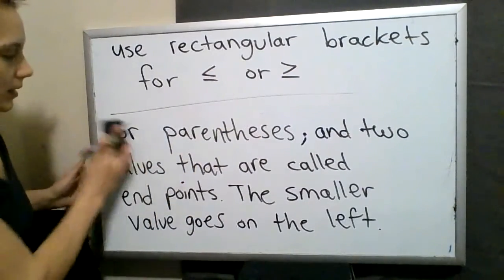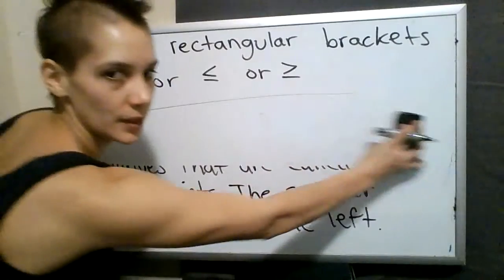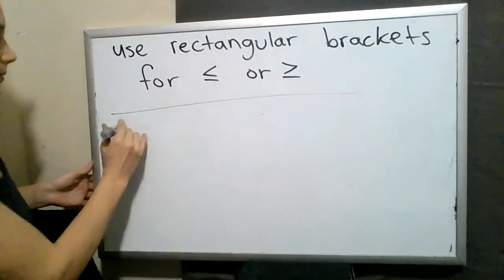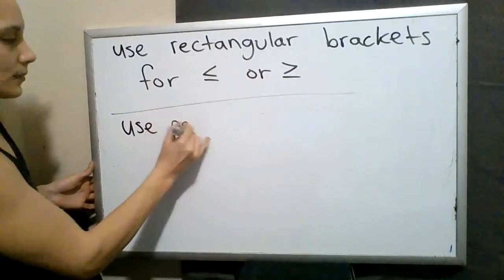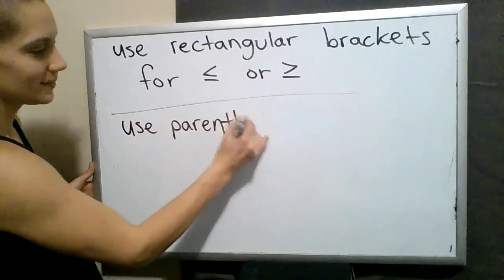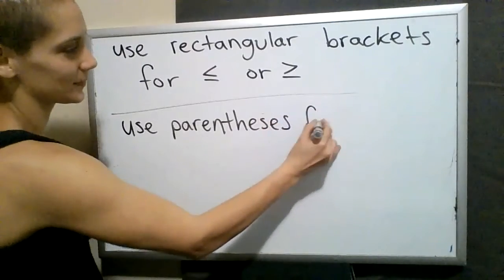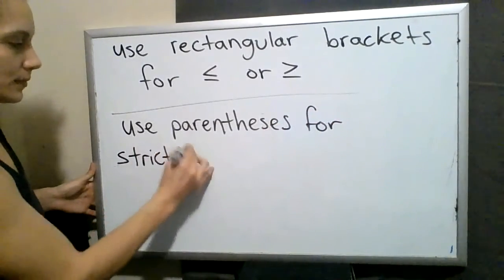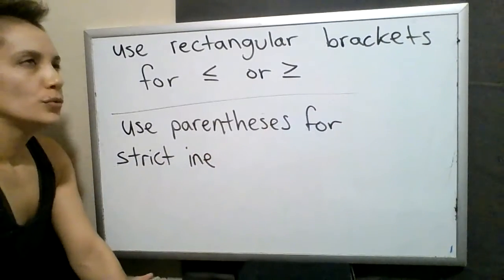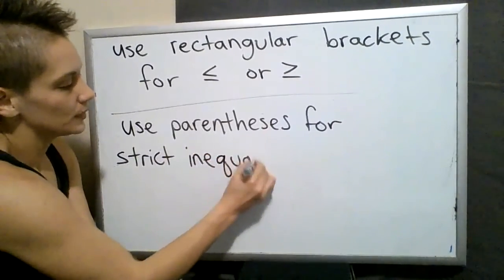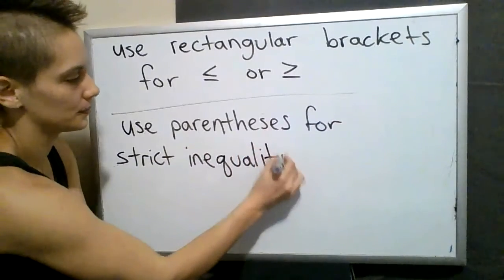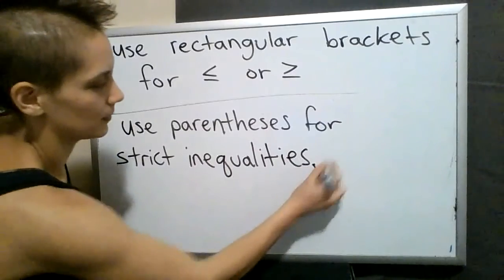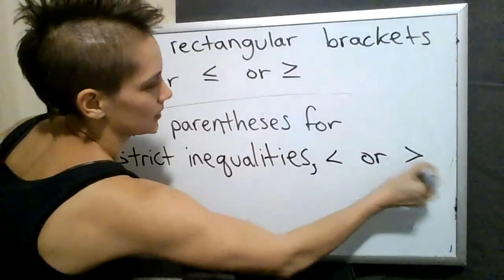Use parentheses for strict inequalities, like this, or this.